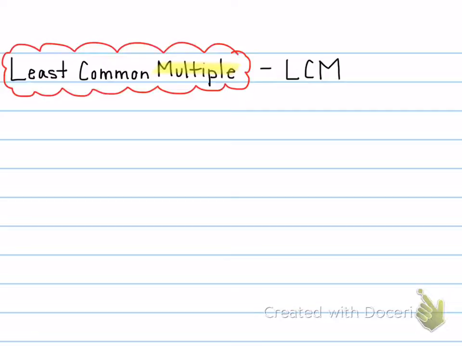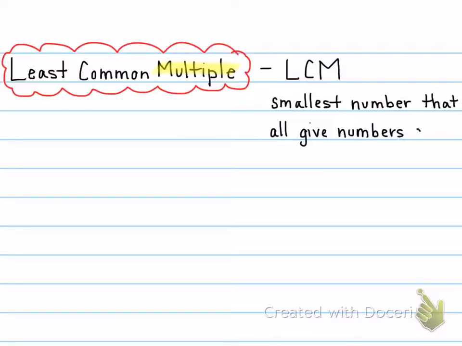The multiples of 6 are 6, 12, 18, 24, etc., etc. So when we're finding the least common multiple, what you're looking for here is the smallest number that all given numbers go into.